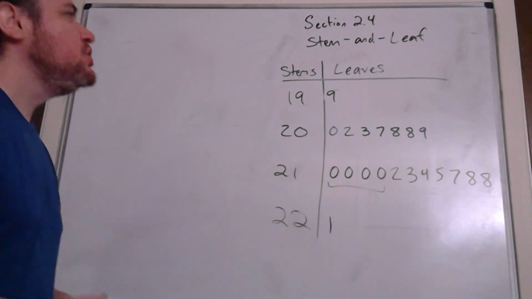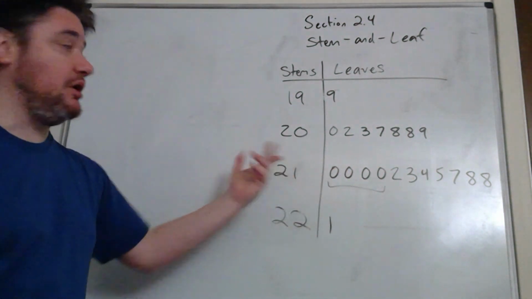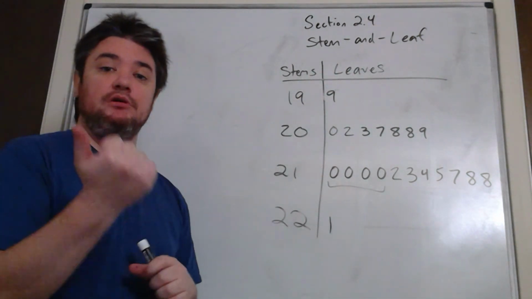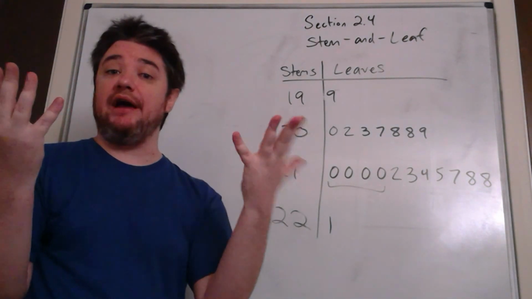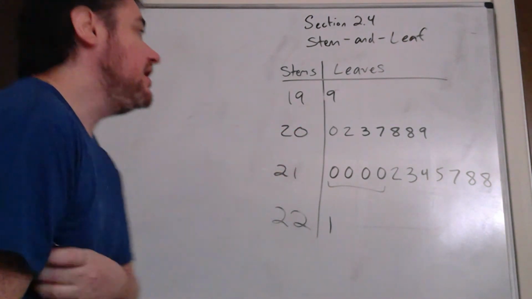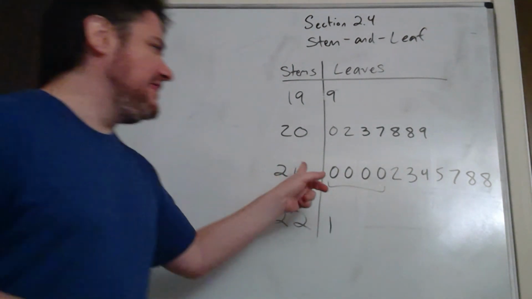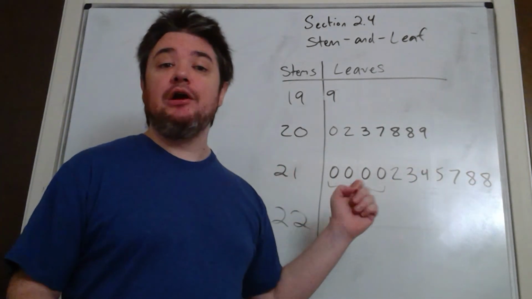So one way: there were 10 potential digits that could go in any class, meaning that the leaves, if they're single digits, could be 0, 1, 2, 3, 4, 5, 6, 7, 8, or 9. So you could have up to 10 different answers in here. This one, the 210s class, there's a lot going on right there.